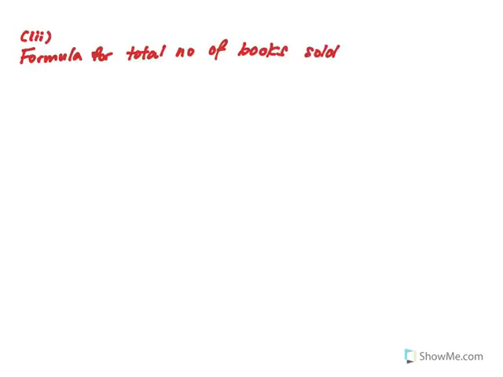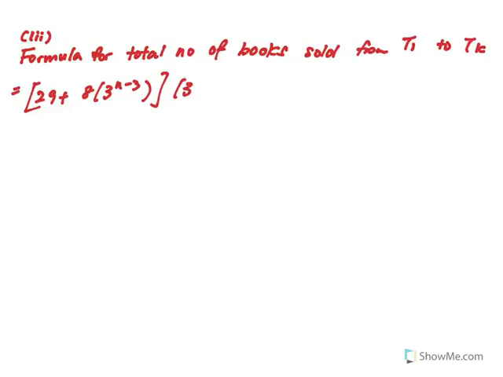We have a formula for the total number of books sold from week 1 to week k. And this formula that we found just now was 29 plus 8, and 3 to the power of n minus 2.